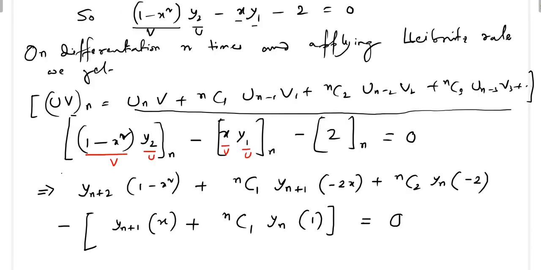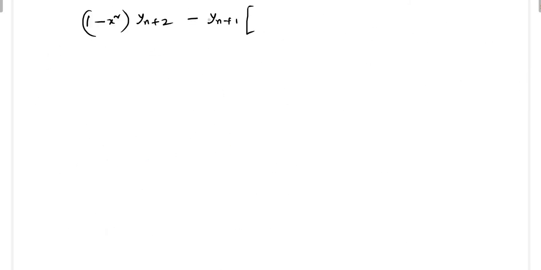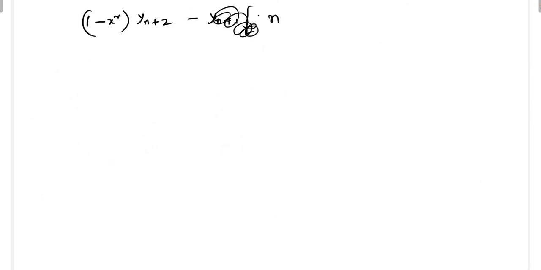Now I want to take all the yn plus 1, so first of all you need to put nC1 and nC2. Let me put that first of all, after that I will take common. So this is n into 2x yn plus 1.